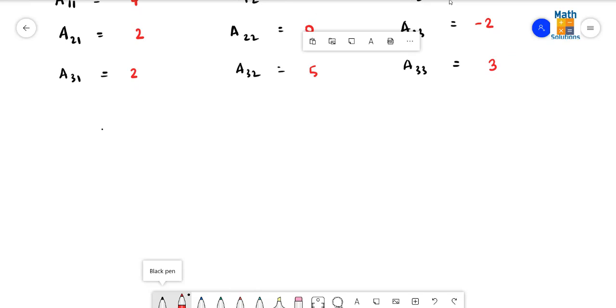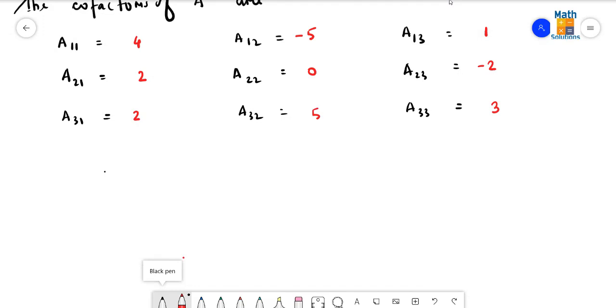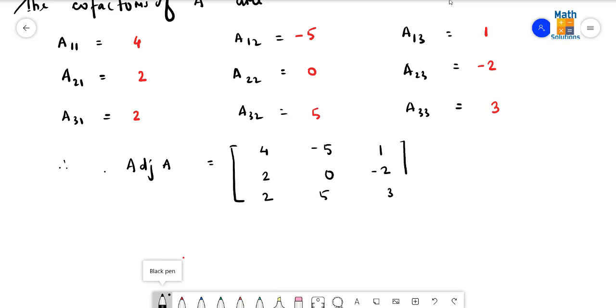After this, I need to find out the adjoint of the matrix. Therefore adjoint of A is equal to 4 minus 5 1, then 2 0 minus 2, then 2 5 3. Let us find its transpose. Its transpose will give us 4 2 2, then minus 5 0 5, then 1 minus 2 3.